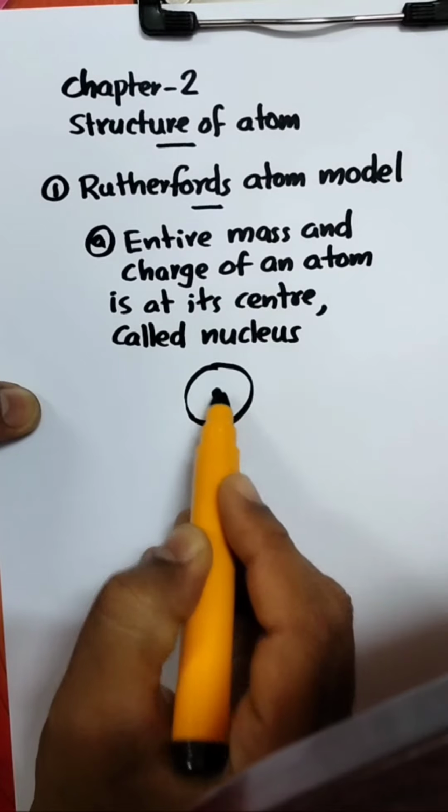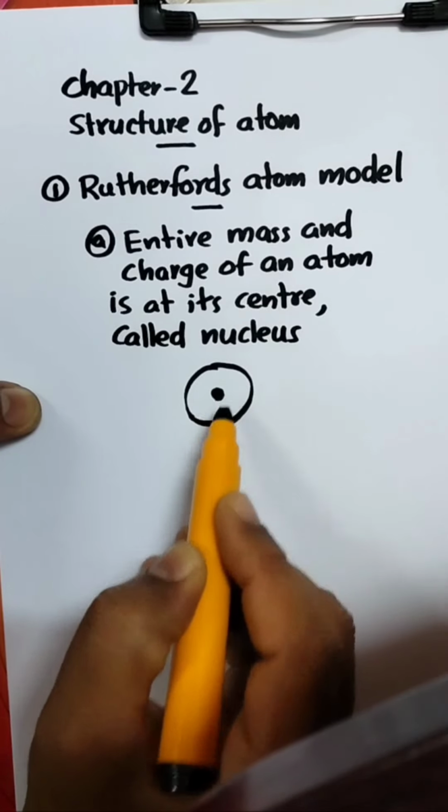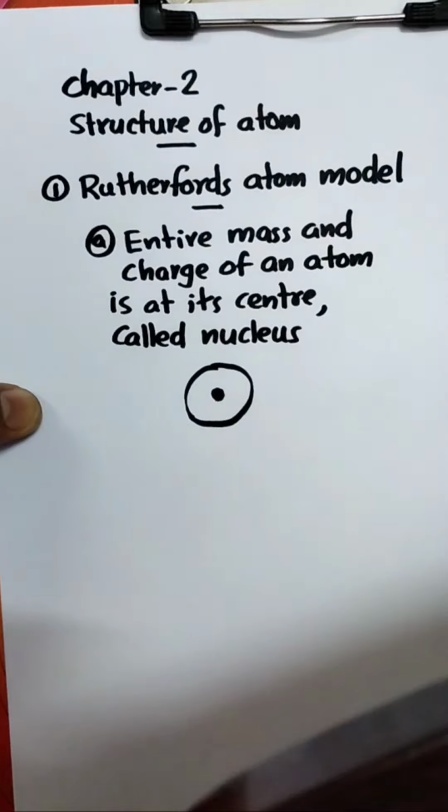The entire mass and charge of an atom is concentrated at this center, and that center is called nucleus.